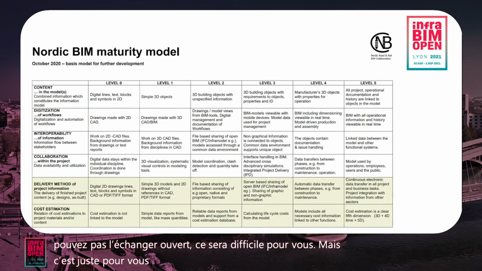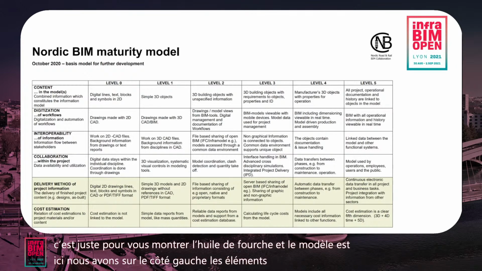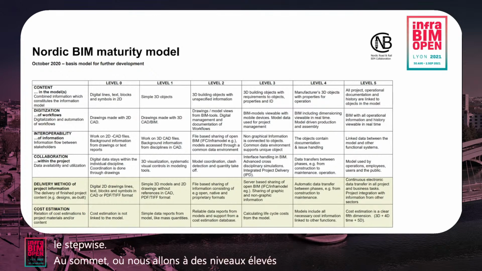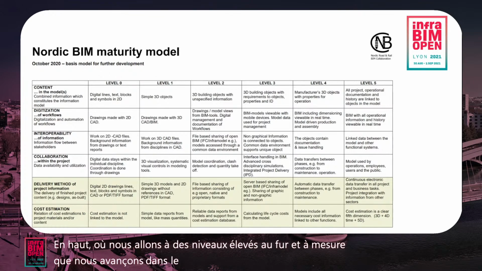The model is here. We have on the left side the core elements, and we have the steps at the top, where we go to higher levels as we move on. In the bottom, in the color background, this is BIM uses, which has been introduced both in Denmark and Finland.